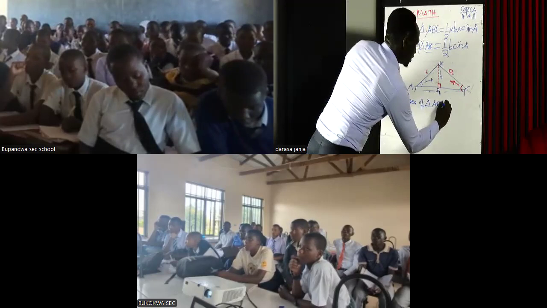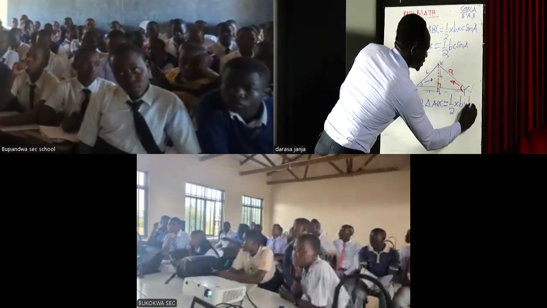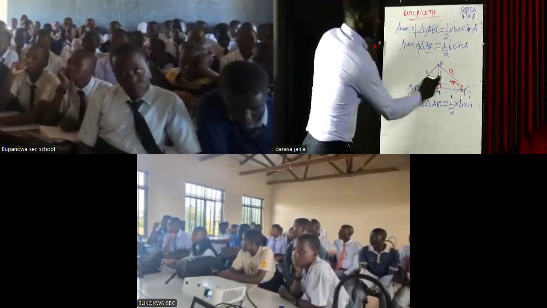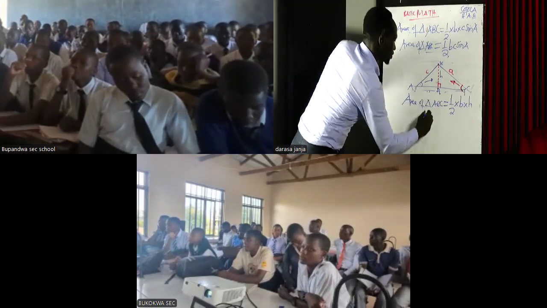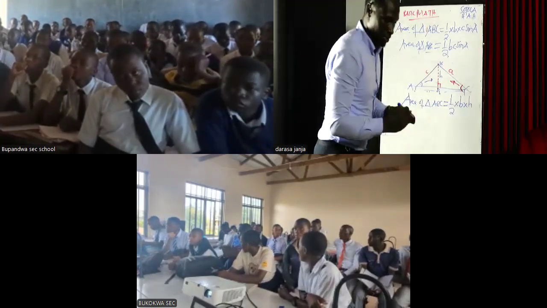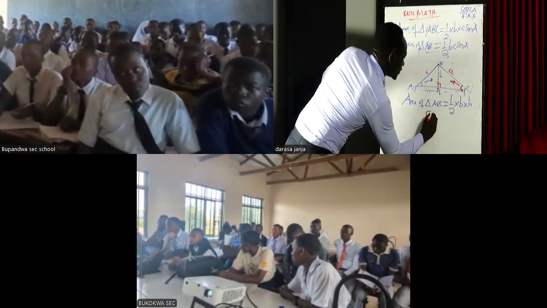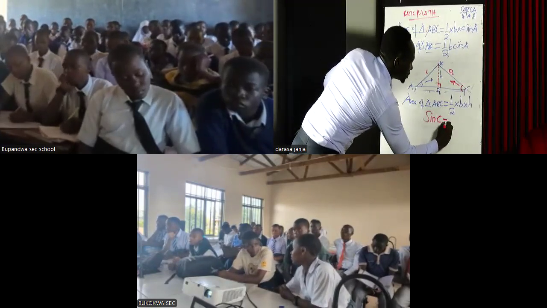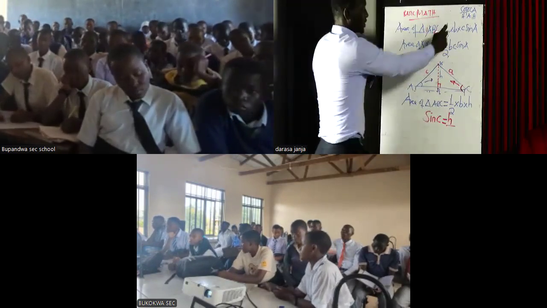It is going to be half times base times height. But my height today, it is here. So I need to resolve it by using angle C. So I'm reading sine of angle C equal to, this is opposite, I'm putting over hypotenuse.